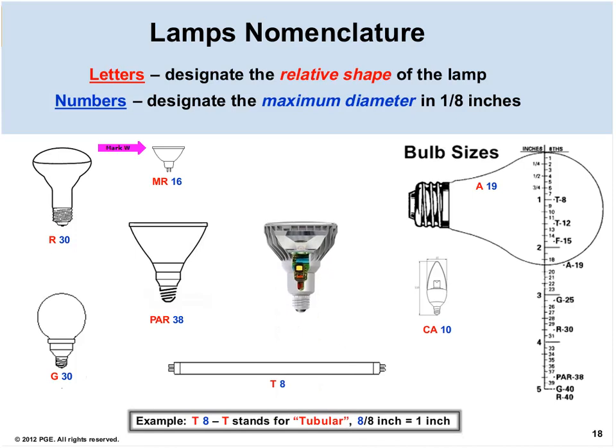Now, an interesting trend with directional LED lamps is often the letters have lost their meaning. So this PAR lamp, which stands for Parabolic Aluminized Reflector, the LED equivalent has no reflector, but they're still called a PAR lamp just because of user familiarity.